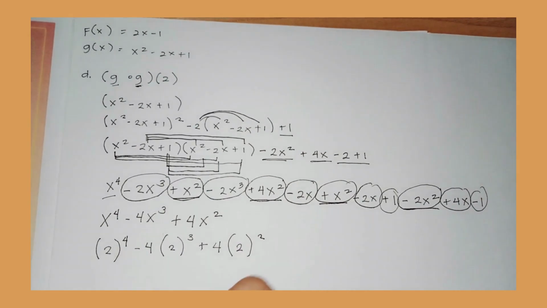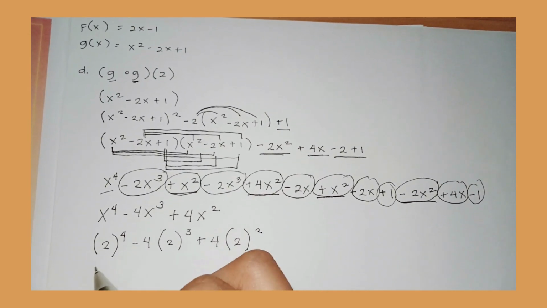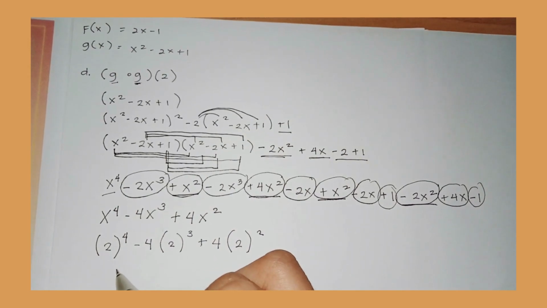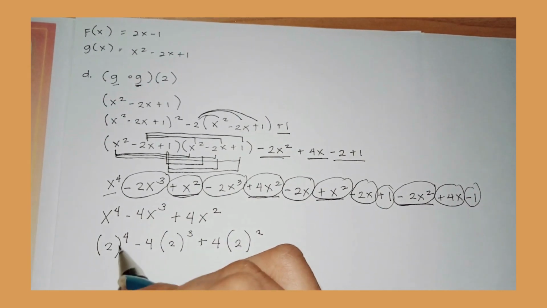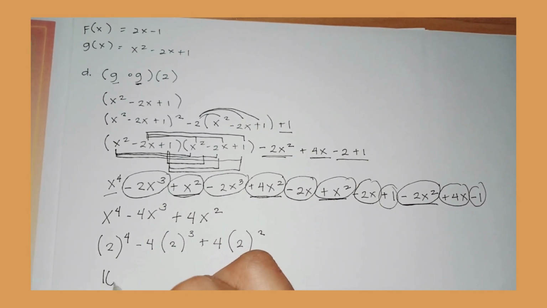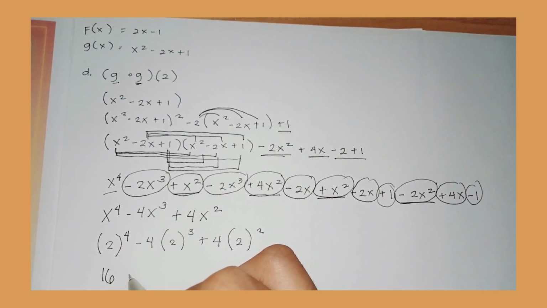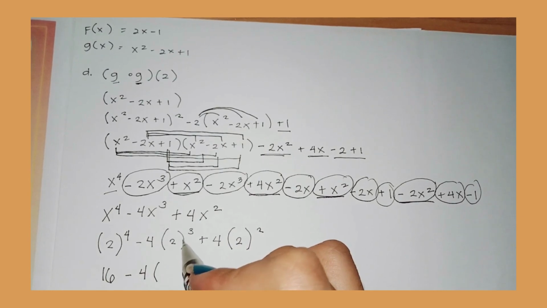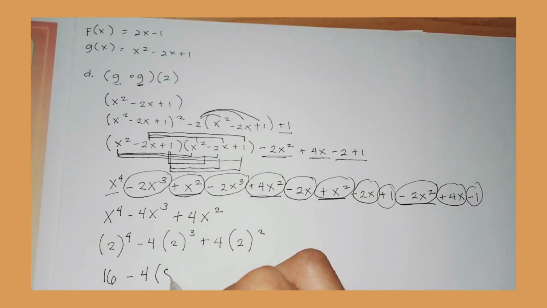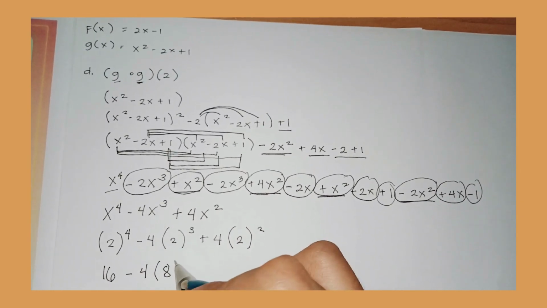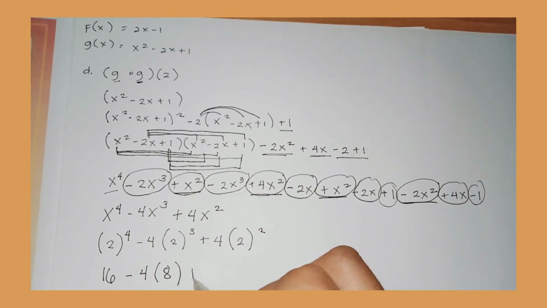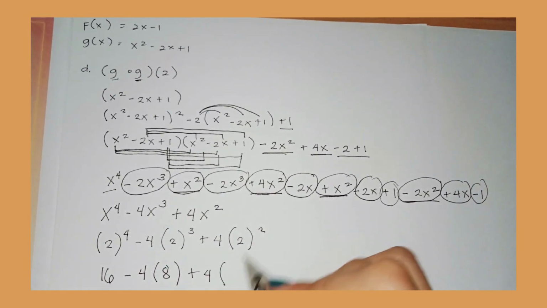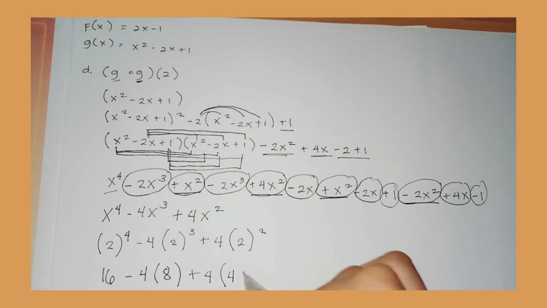2 raised to 4, that is 2 times 2 times 2 times 2. So, the answer is 16. Then, copy negative 4. 2 raised to 3, the answer is 8. Then, copy plus 4. 2 raised to 2, the answer is 4.